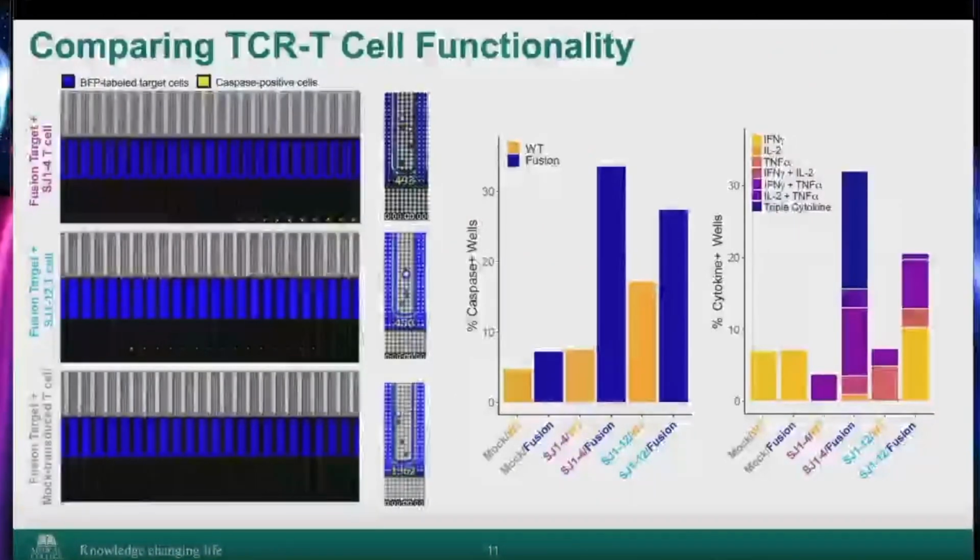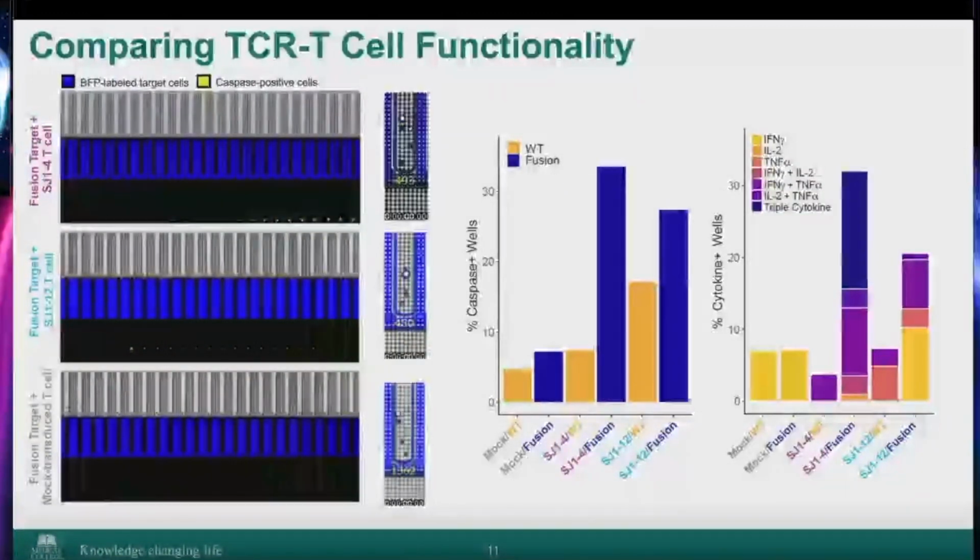We tested various TCR T-cell constructs in order to determine which of these engineered T-cells would have the greatest anti-tumor efficacy. If you look on the left side of this slide, these are time-lapse images that were collected on the Beacon every 30 minutes, and we could monitor once the TCR T-cell came in contact with the tumor cell, and how quickly after the immune synapse was formed the TCR T-cell killed the tumor target.